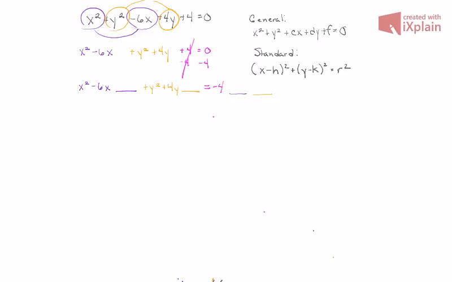Basically just setting us up for success when we actually complete this problem. So the first thing that we're going to do is complete the square for our quadratic with our x variables.